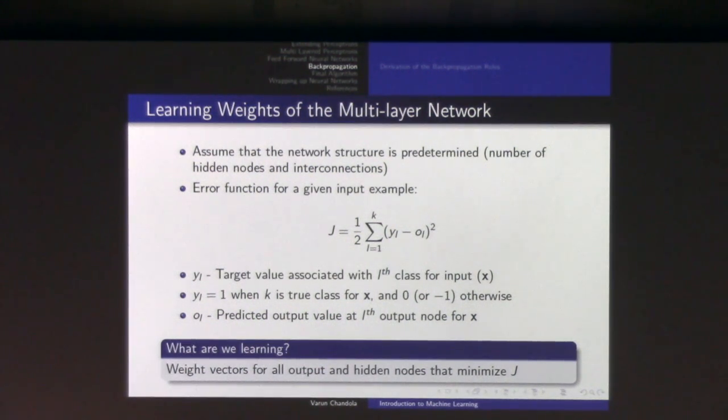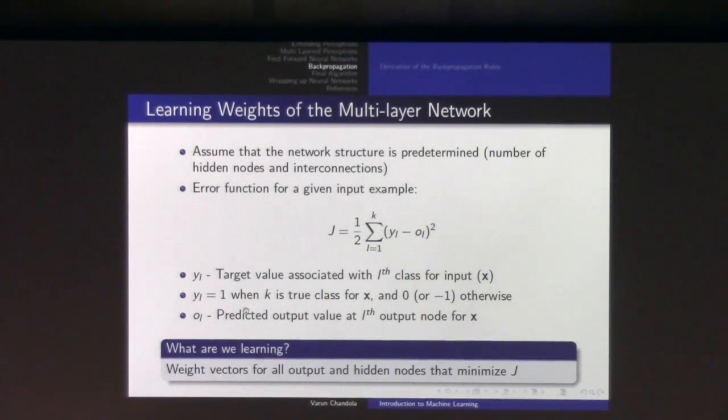You will create a vector of all zeros or all minus ones, and you will make the 7th entry +1, because that is the true class. That way, you can compute this error, okay? So y_l is the target value, which is the true value that you have. It is 1 for the true class and 0 or -1 otherwise. o_l is the output that you get at each output node, okay?